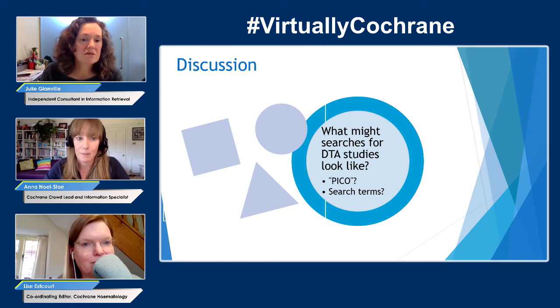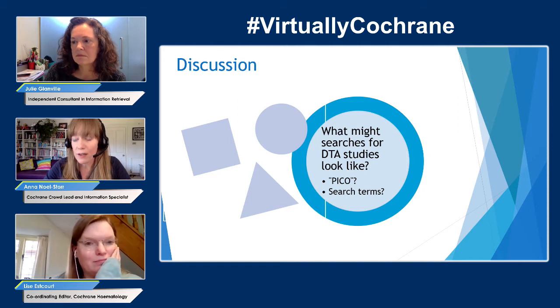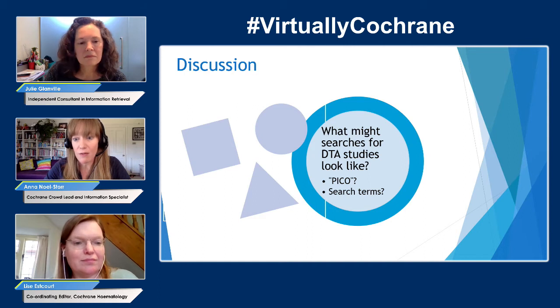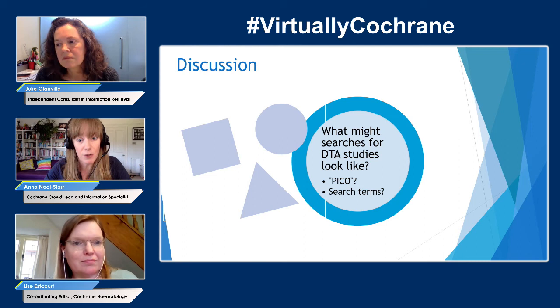I really agree with that. So start sensitive, and if possible, and this applies, obviously we'll talk more about prognosis studies later, if you can have a validation set, so a set of studies that you would expect to be retrieved by your search, use some of that to help develop the search.